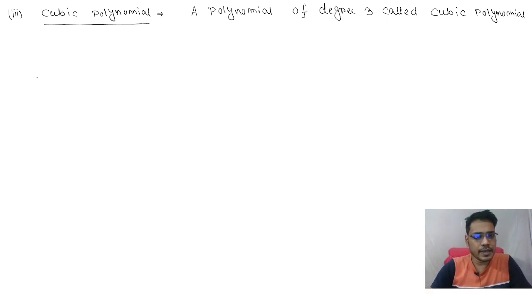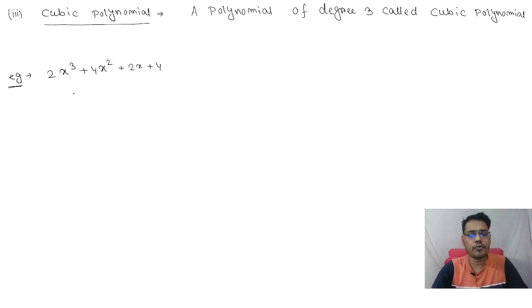So for example, 2x cube plus 4x square plus 2x plus 4. So it is a cubic polynomial. Why? Because the highest power of x is 3. That means it is a cubic polynomial.